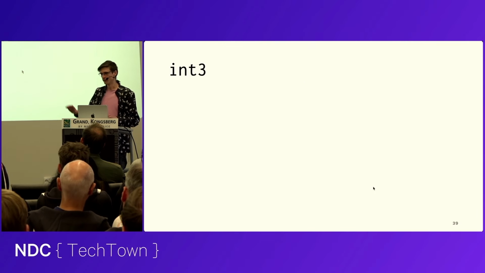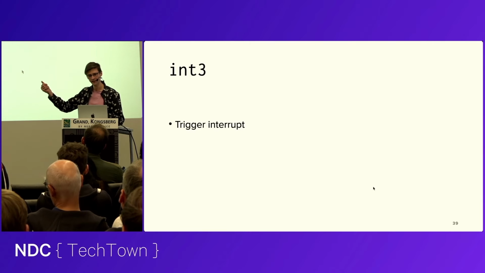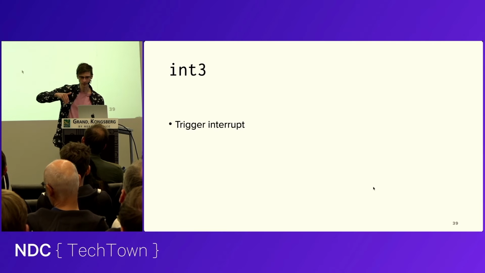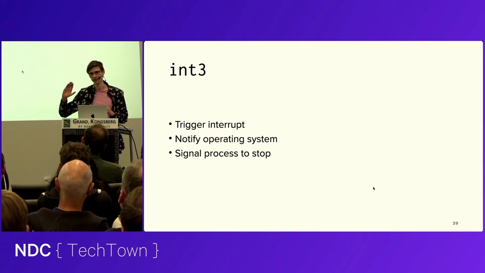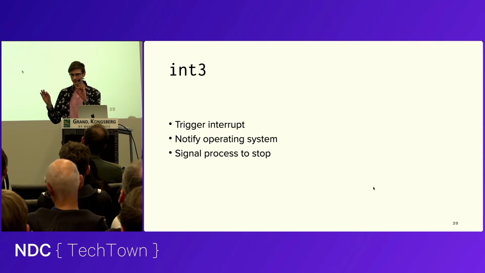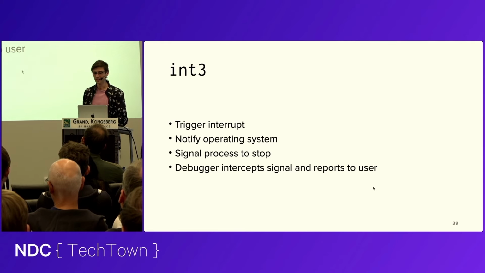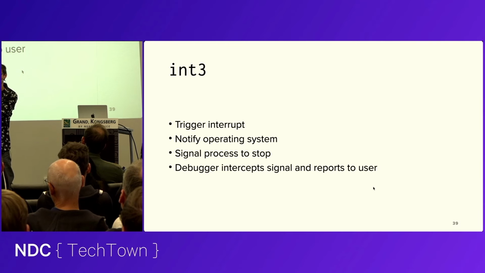So when the int3 instruction is executed, it's going to trigger an event. It's going to notify the operating system, which is then going to signal the process to stop. Now the debugger is watching. The debugger is waiting for this and is going to intercept that signal and say, oh hey, this process is now stopped.